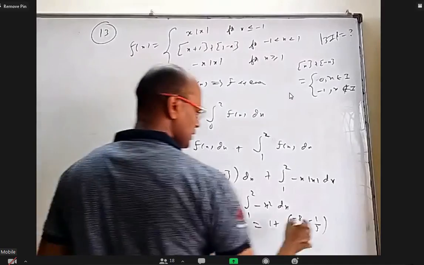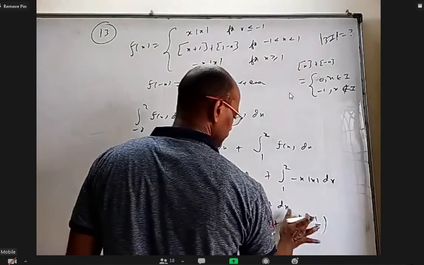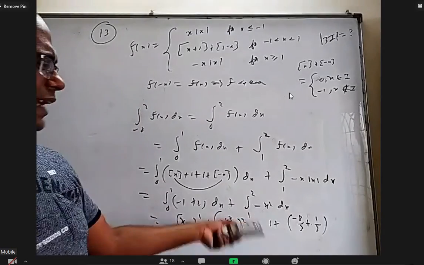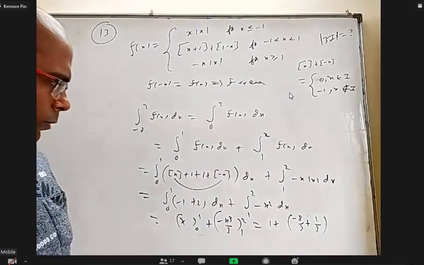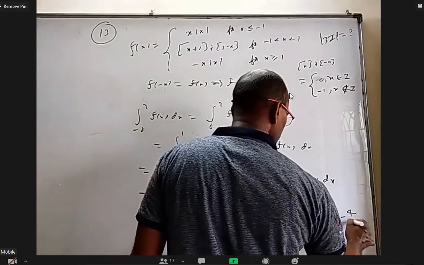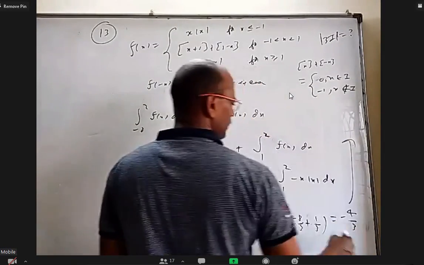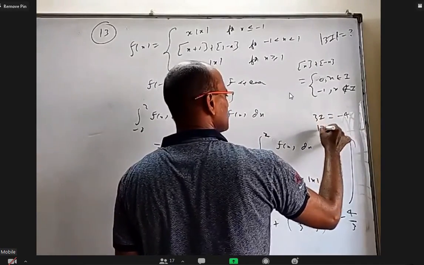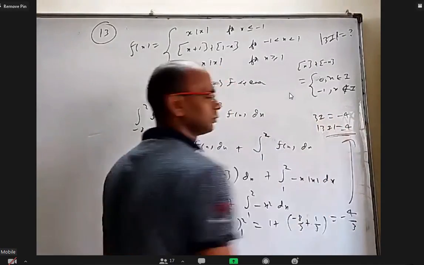When I put 1, it will be plus 1 by 3. So that is minus 7 by 3. With 1, it will be minus 4 by 3. When I is minus 4 by 3, 3I is minus 4, and mod 3I is, I think, 4.